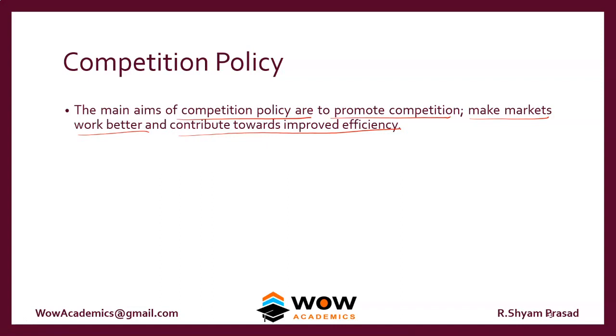It's not like one company is predominantly having more power over the others, or there's some kind of hoarding happening, or the price is being controlled, or some kind of oligopoly structure is created. So competition policy ensures that anything which is against the free market system is reduced.